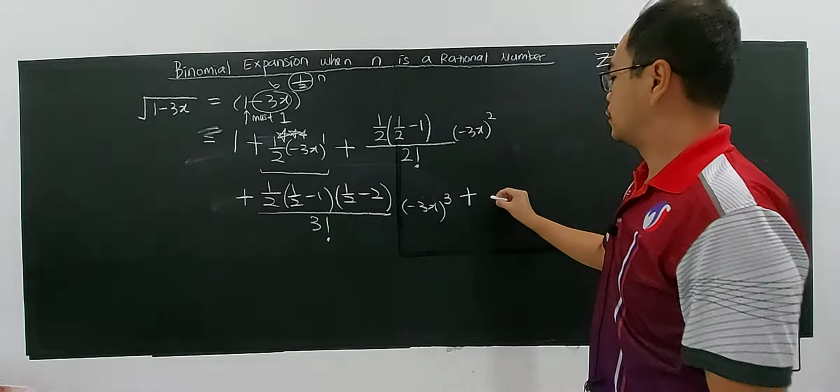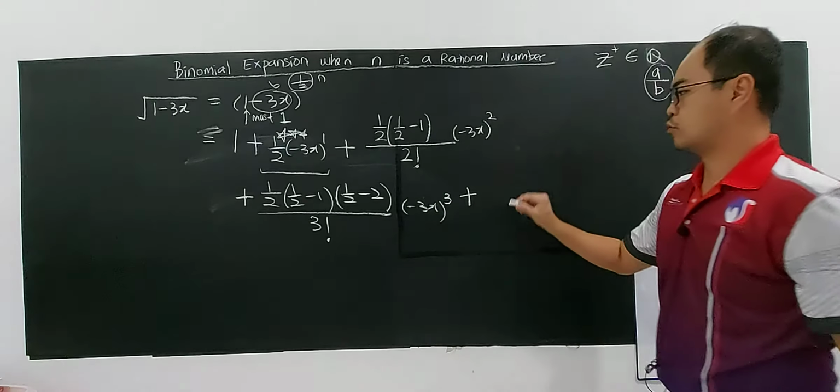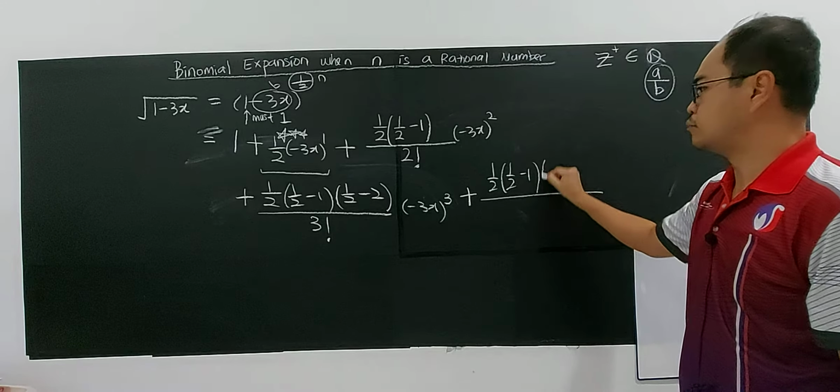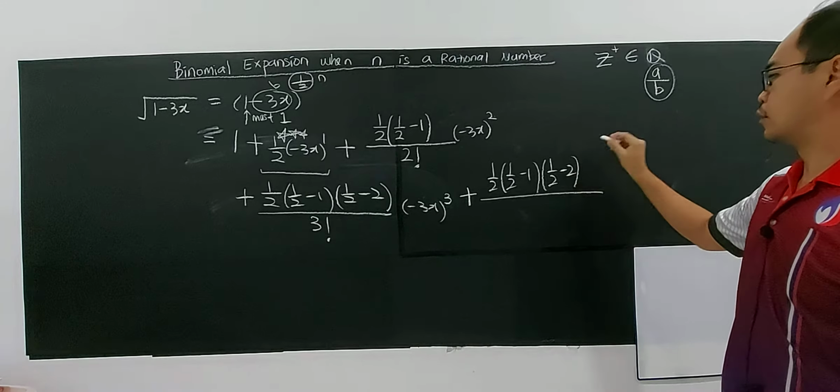You can see again. So now you want to get the fifth term. So the expansion, copy back this one. So 1 over 2, 1 over 2 minus 1, 1 over 2 minus 2. Okay, there is a bracket here, another bracket. But now I count this one first.